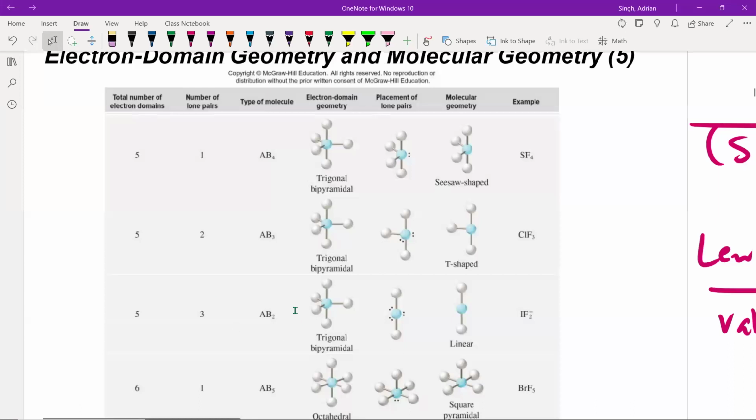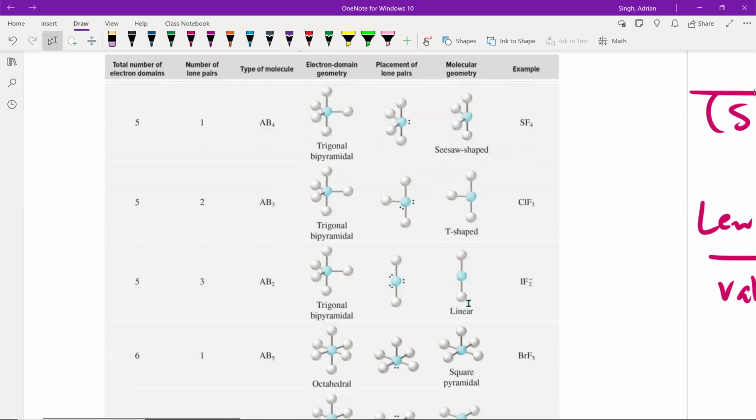If we had a third lone pair, again, it will occupy that equatorial position. So now this position here becomes a lone pair. Well, then what remains, the atoms remain just there in a straight line, and it could be linear. So you can have a linear shape resulting from an electron domain geometry of trigonal bipyramid.